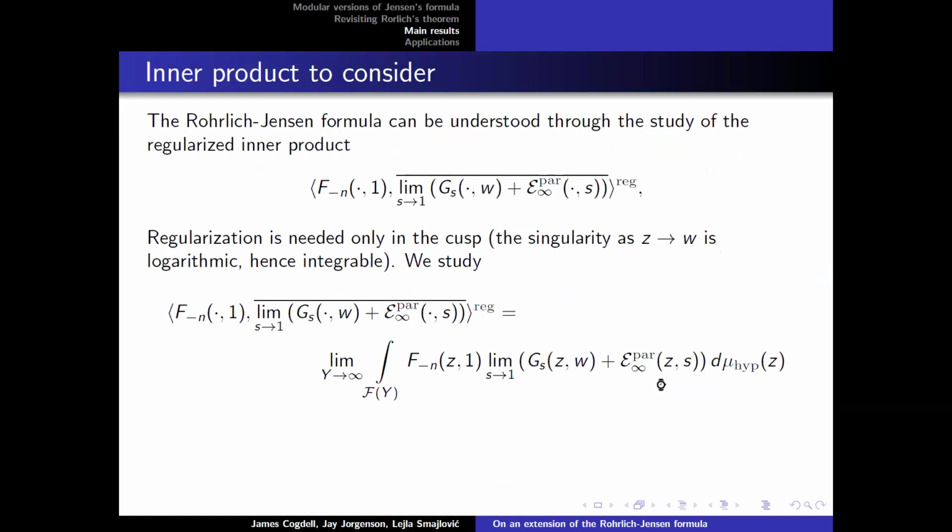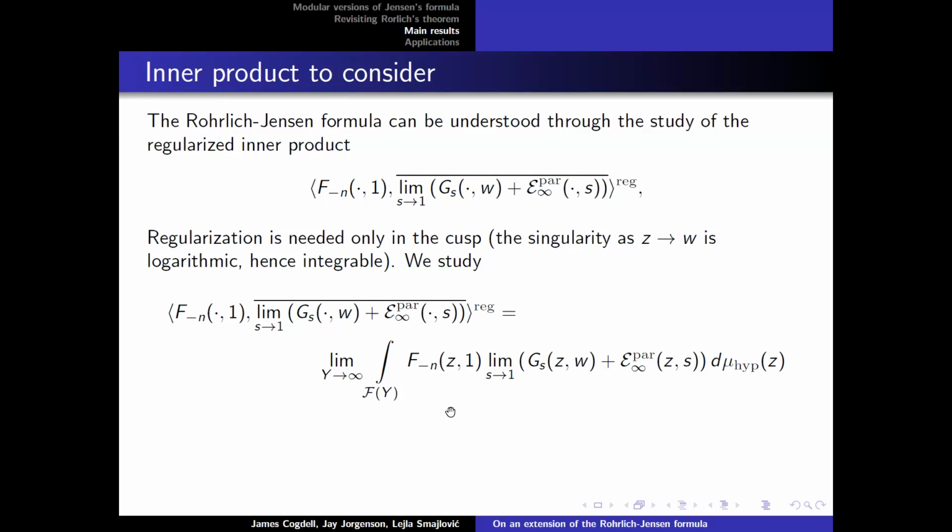Well, it's just this inner product of the Niebur-Poincare series and the prime form, of course, the prime form conjugated, because by definition of the inner product, we will, of course, regularize it only at the cusp at infinity.